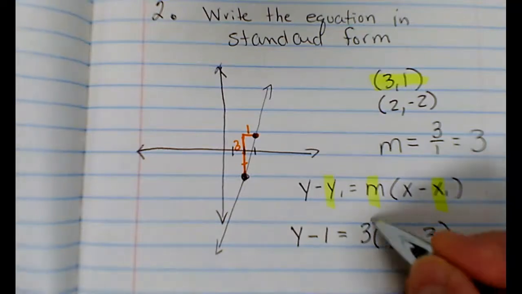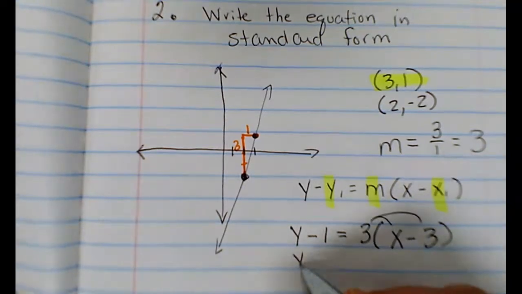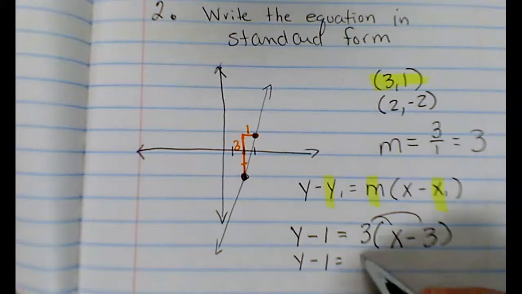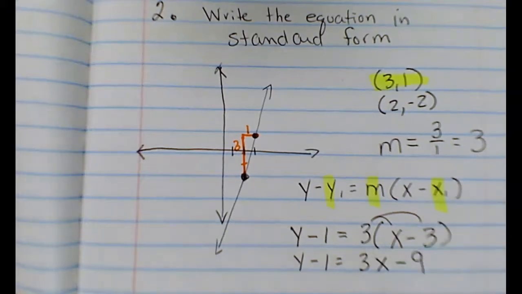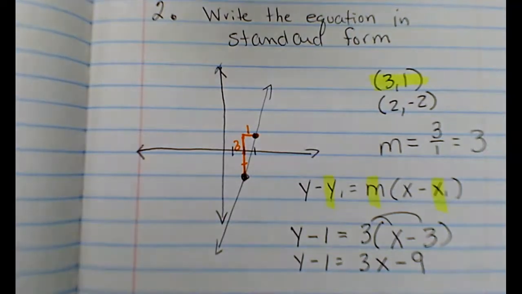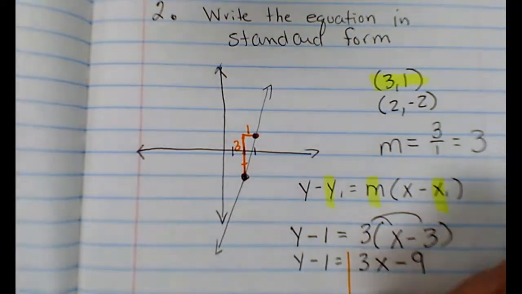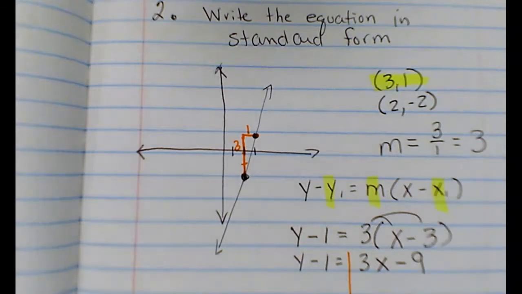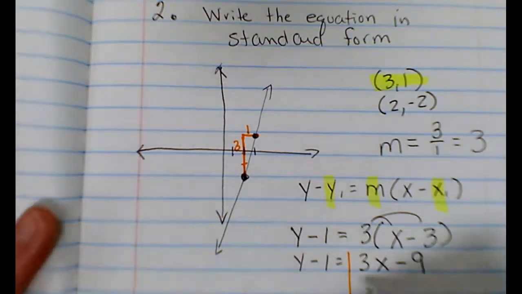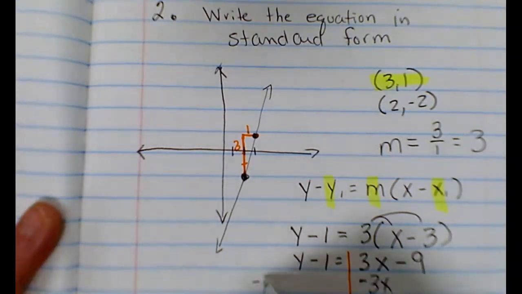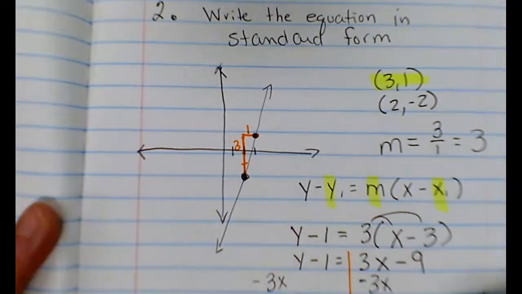What do I do? 3x minus 9. In standard form, the x has to be on the left-hand side of the equation, so I need to get x to the left-hand side of the equation, so I need to subtract 3x from both sides.